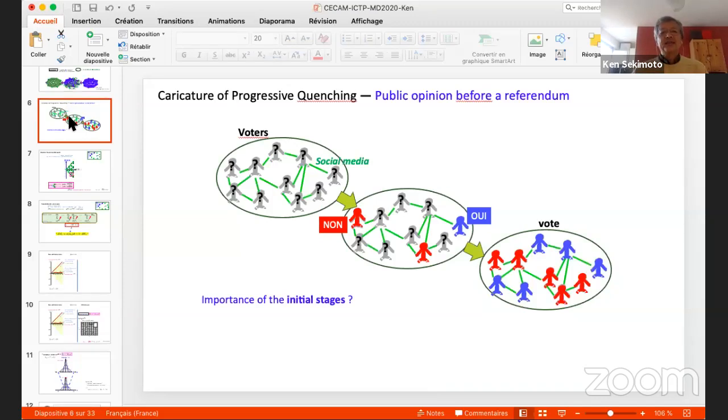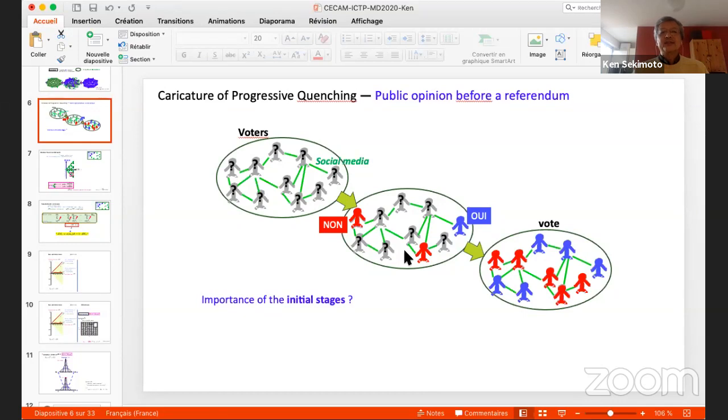So every time somebody makes up their mind, it is immediately distributed by the community. So it is not only the final vote that makes the publication to the others.